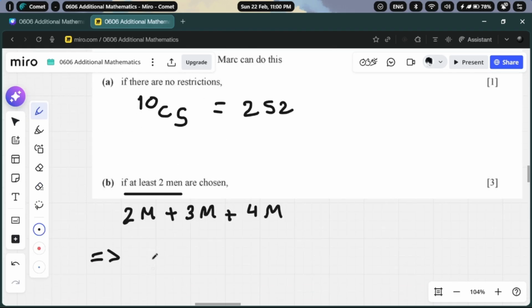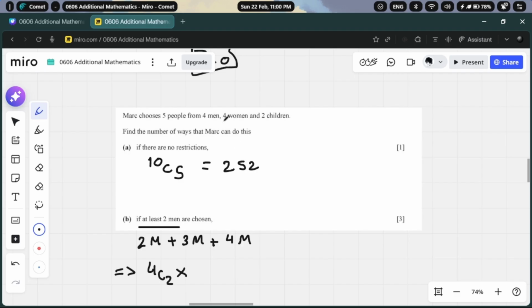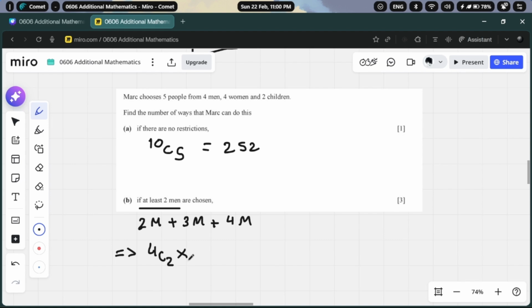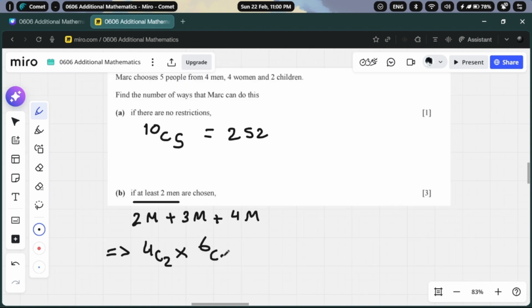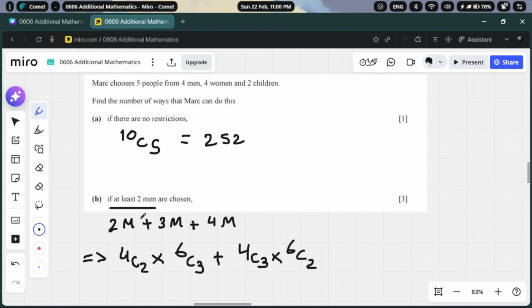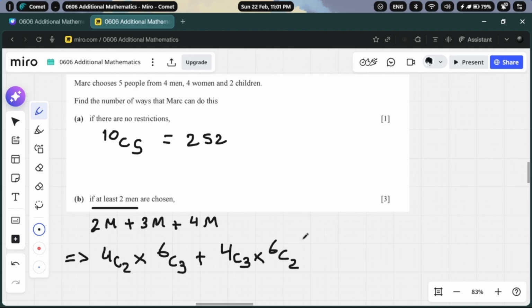So that would be 4C2 times, you're left with 4 plus 2, 6 people to choose from, so 6C3, plus 4C3 times 6C2, because as the total number of men that you choose increases, the total number of other people that you're choosing decreases.